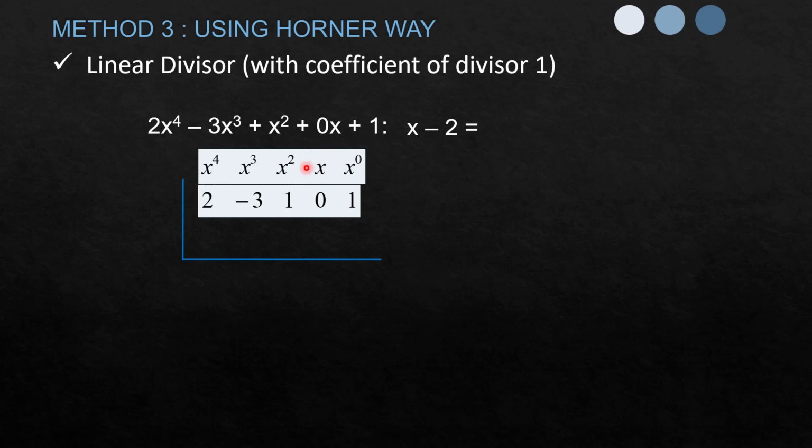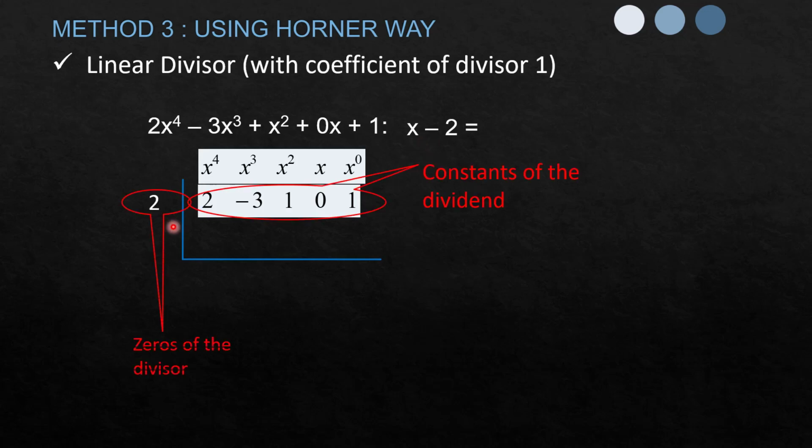So in HORNER way, don't miss any coefficient with 0. You still need to place it in the correct place, so it is in order from 4 to 0. Next, for the divisor x minus 2, take out the zeros of the divisor. So x minus 2 will be equal to 0 when x equals 2. So we take 2 here, and this is the zero of the divisor.